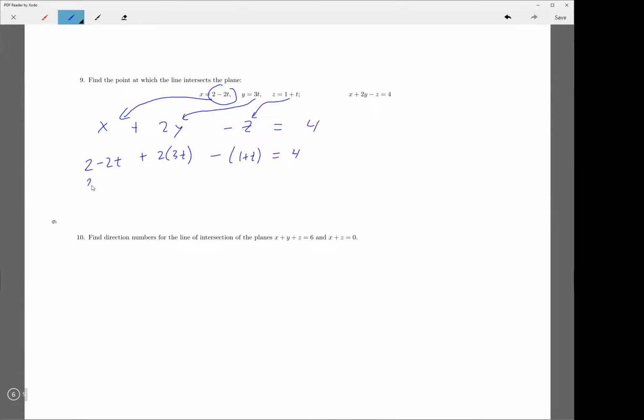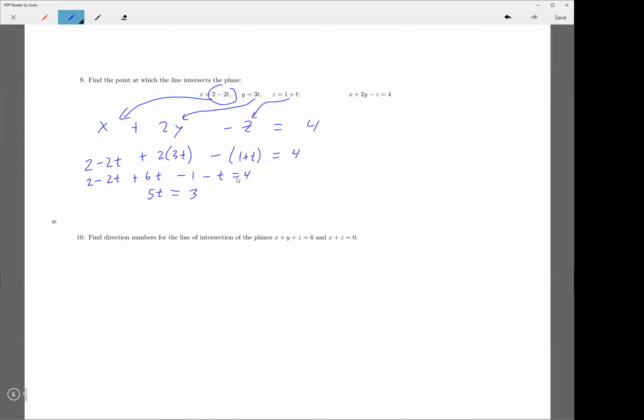So let's see, 2 minus 2t plus 6t minus 1 minus t equals 4. And let's see, combining all the t's, it looks like 5t. And then you have 2 minus 1, and that's going to be 3, I think.